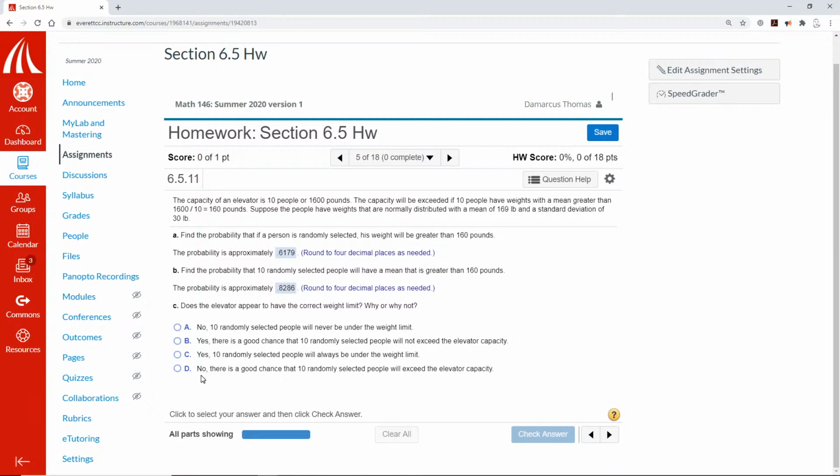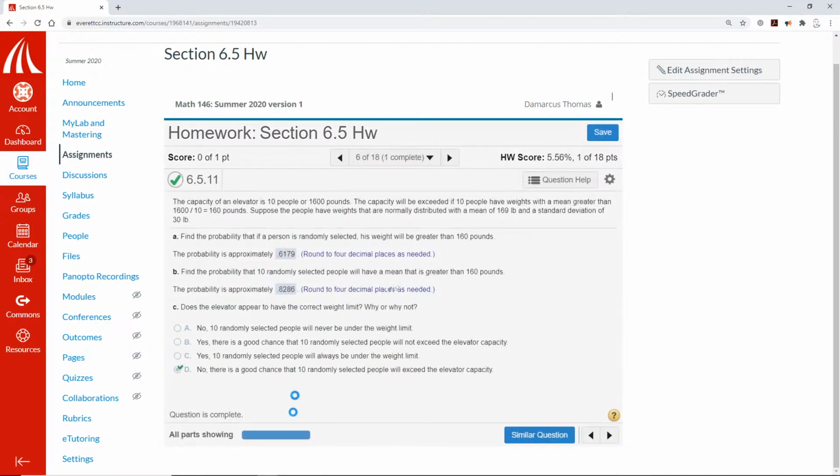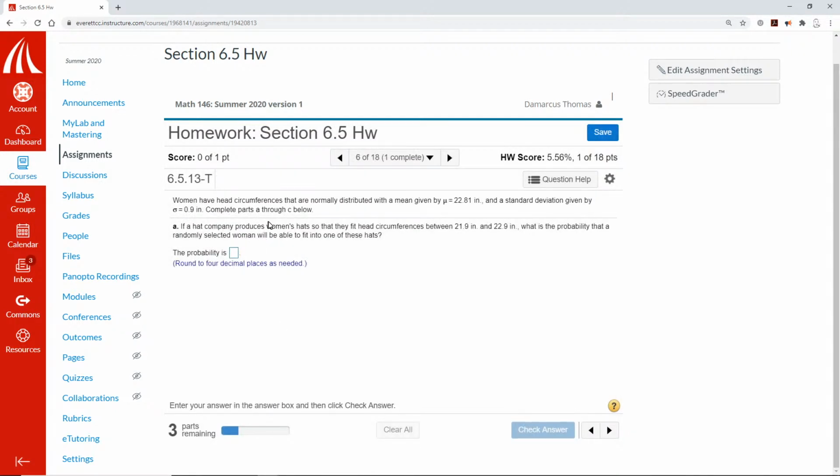And here it is because there is a good chance that 10 randomly selected people will exceed the elevator capacity. And there's an 82% chance, that's more than 50%, and that's more than betting odds. Let's see if this matches the correct answer. It does. And I don't think there are any more parts to this.